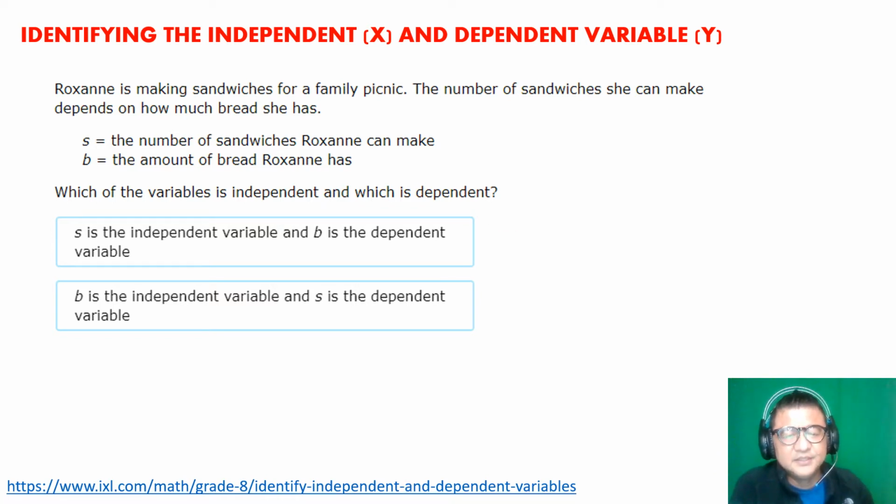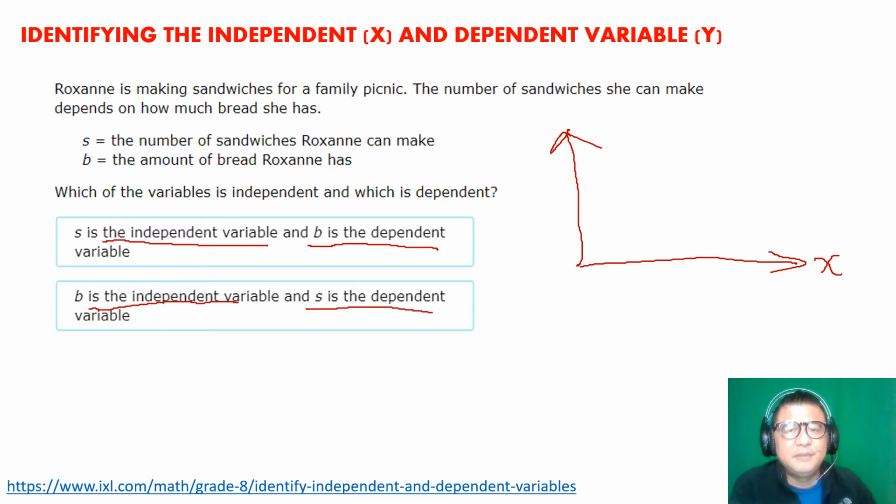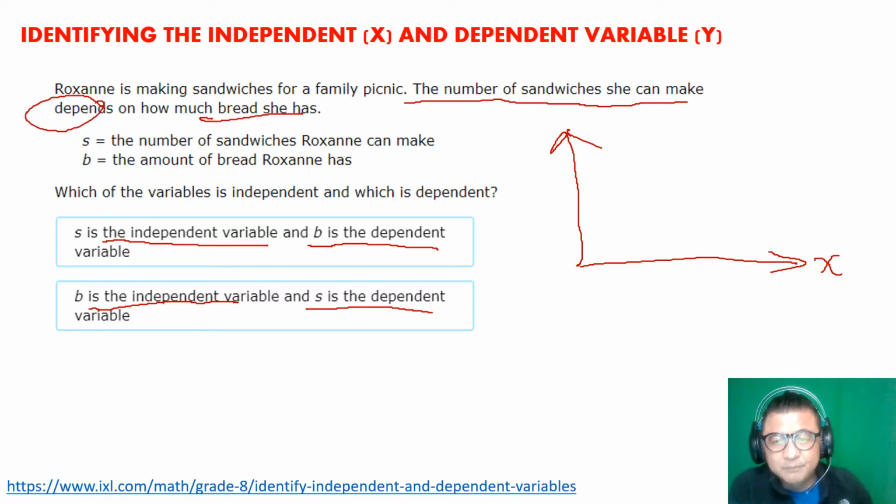Okay, let's see. If we're going to graph that, which depends on what? Who stays on the X? S is the independent variable and B is the dependent, or B is the independent and S is the dependent. So remember, the number of sandwiches you can make depends on the bread. So the bread goes here.